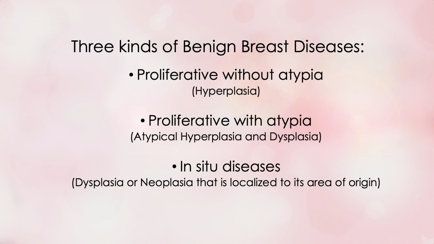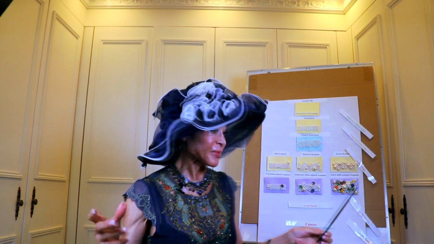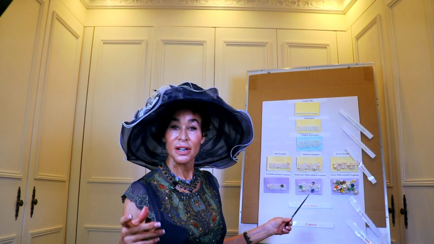And there are the in situ diseases, which are akin to both dysplasia and neoplasia that is localized to its area of origin. And last week you discovered that the in situ diseases are inconsistent with all the rules that govern the differences between precancer and cancer. And that's why I thought it necessary to give you a tutorial entitled, What Makes Breast Cancer Cancer?